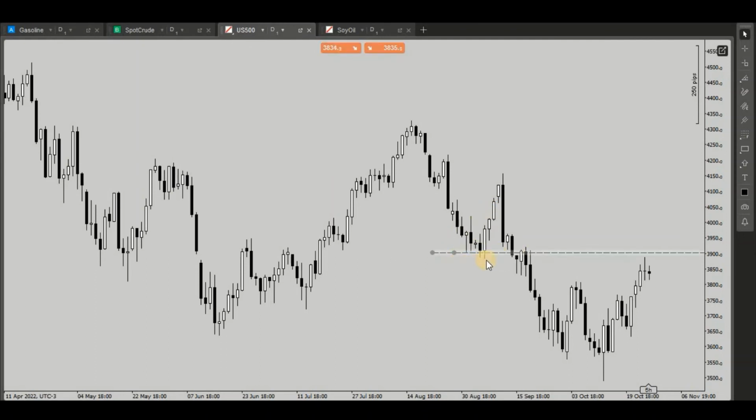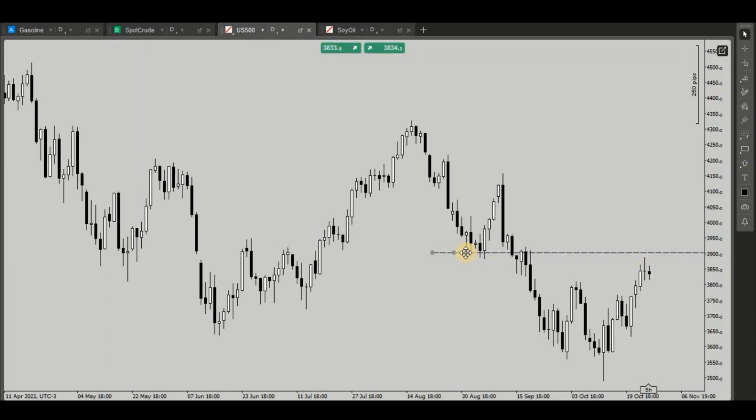But now we have an area. Price pushed back down into this area. We closed below it, and then we came back up and tested it for a while, rejected it as a new resistance. Price pushed back down, and then we chopped around, and now we seem to be closer back up to this area again.